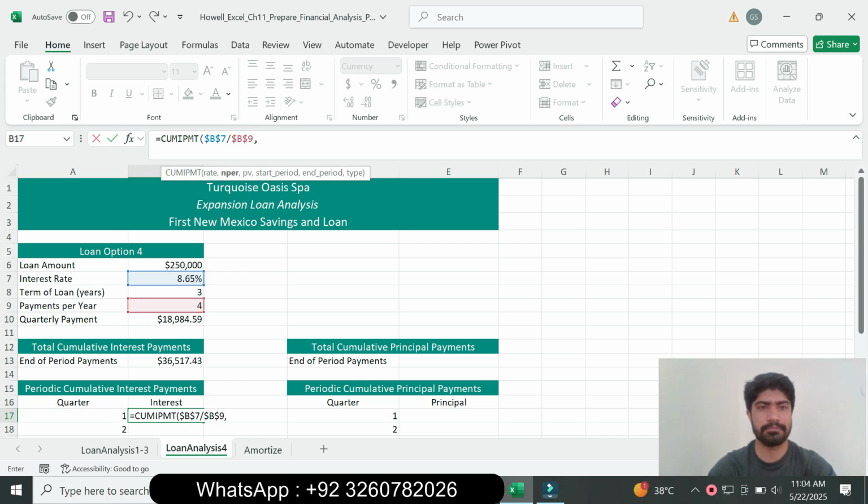Type a comma, then select the term of loan B8 and apply the absolute cell reference with F4.